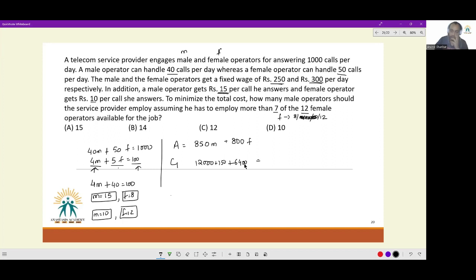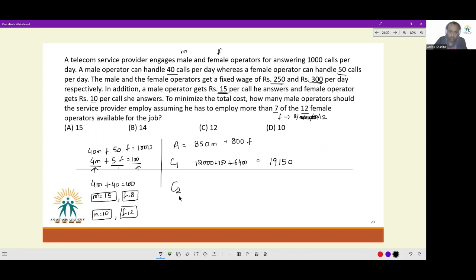Let's add it up. 6400 plus 12,000 plus 750 comes to 19,150. This is in case 1.